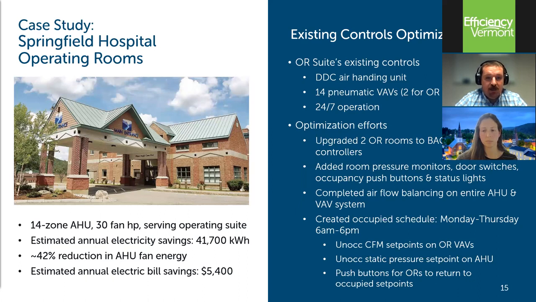If it was unoccupied, the occupants would go and push the push button, and then the VAV would go to its occupied CFM set point, and the light would indicate that we were back at the normal airflow rates. The air handling unit would also go back to its static pressure set point when one of the ORs went into occupancy. But we would also keep the second OR still unoccupied as long as it wasn't being used and it didn't have the push button pressed.